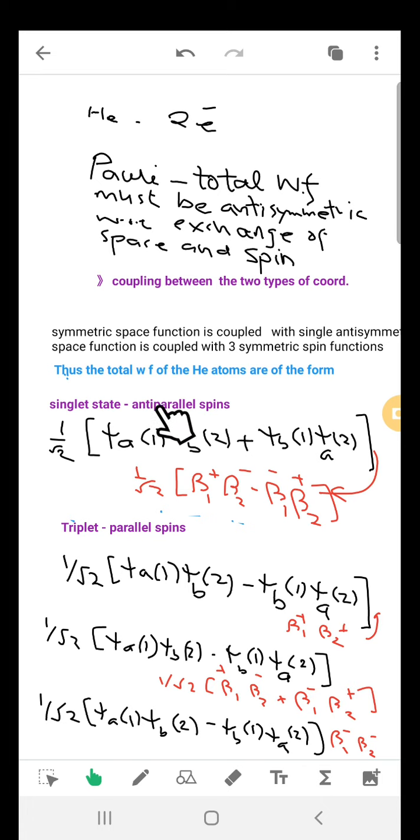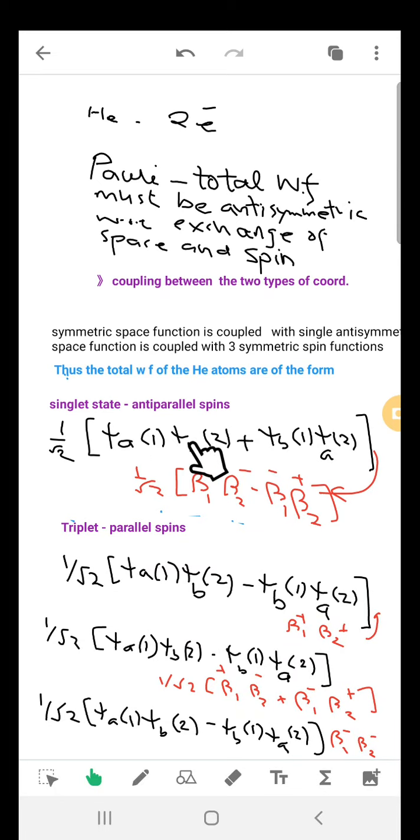So for antiparallel spins, we have two states, with A as the first position and B as the second position. This means that the first electron is in state A and the second electron is in state B, and in the other case, the first electron is in state B and the second electron is in state A. So this is quite symmetric.